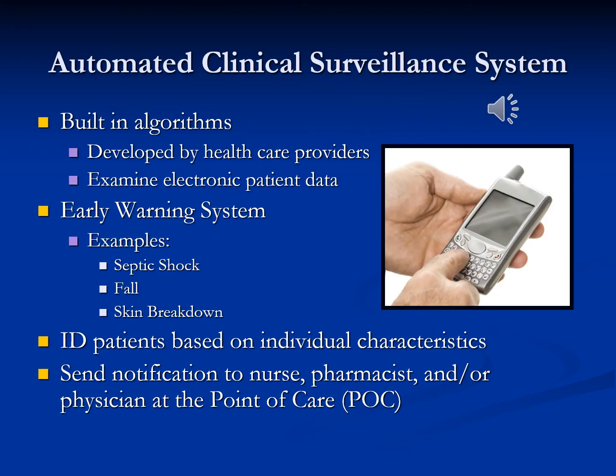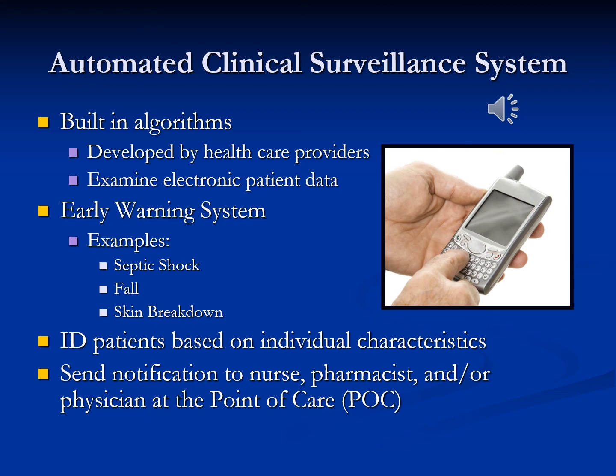So here are a couple more examples of the types of automated clinical surveillance systems that you may run into. Here you see some built-in algorithms developed by healthcare providers, so they should be evidence-based. They examine the electronic patient data and perform an early warning system. This could be septic shock, fall, skin breakdown.